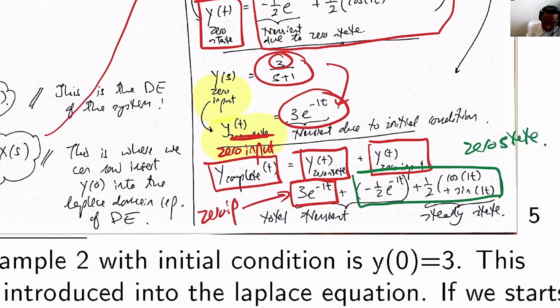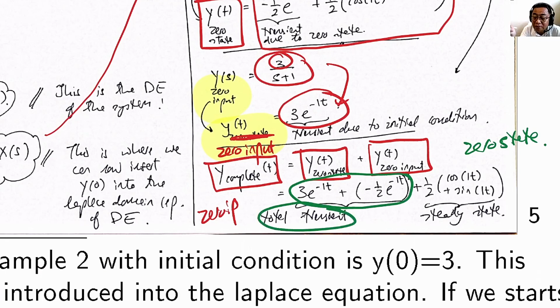Alright, now look at this very carefully. These two terms are the transient response, because after time goes to infinity, these two terms go to 0. The transient response came from two places, one from the zero state, one from the zero input, while the steady state simply came from the zero state, from the input.